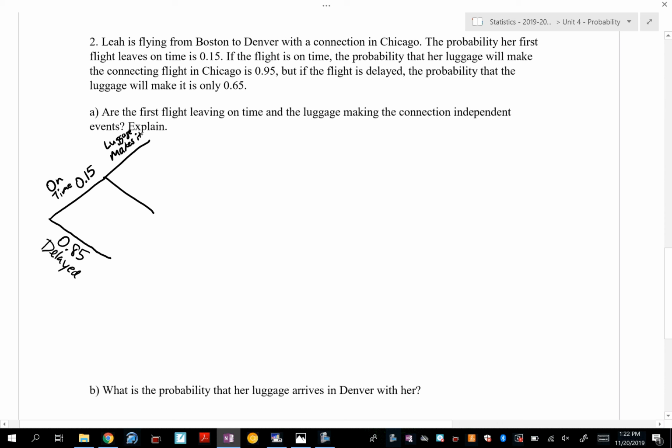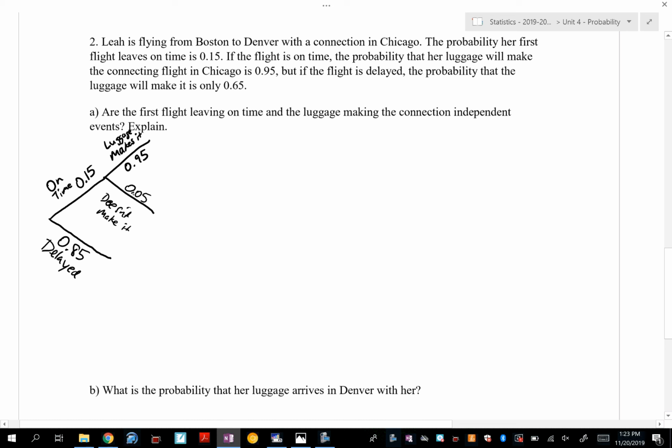Luggage makes it, or whatever you want to use. Luggage, yay! Luggage, exclamation point. It made it. Okay? What's that likelihood? 0.95. So what's the likelihood her luggage doesn't make it? That's going to be 0.05.